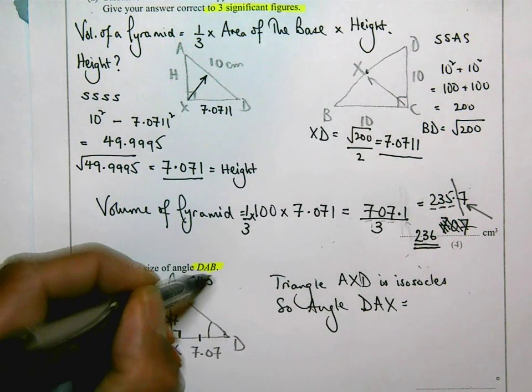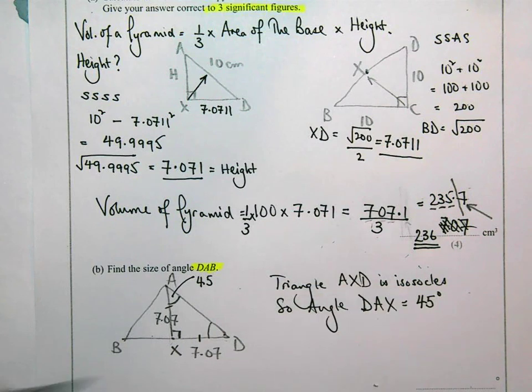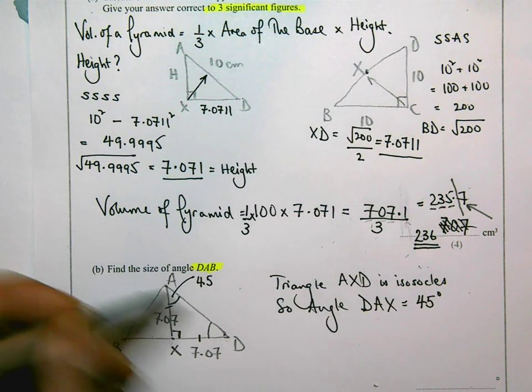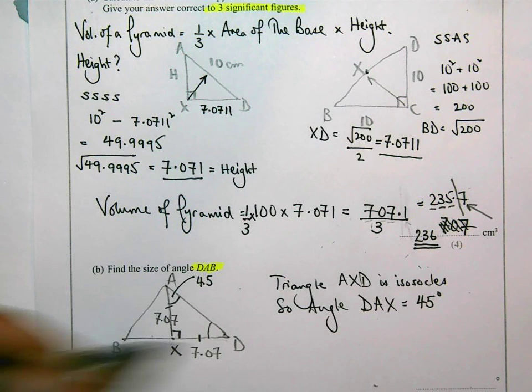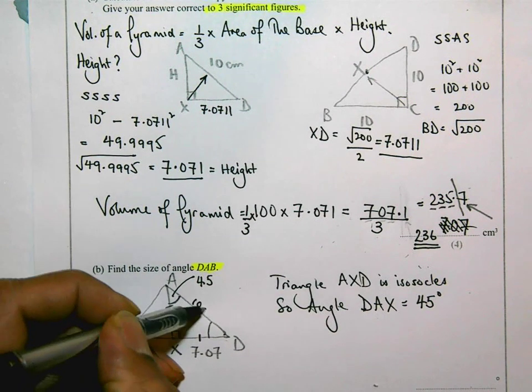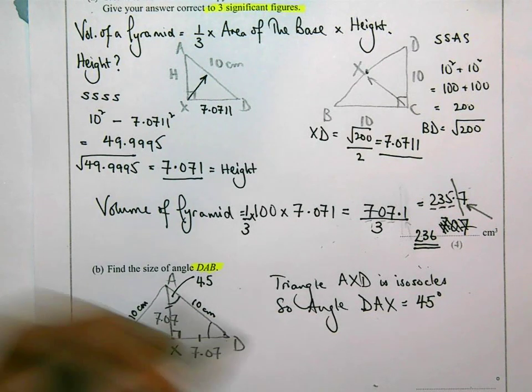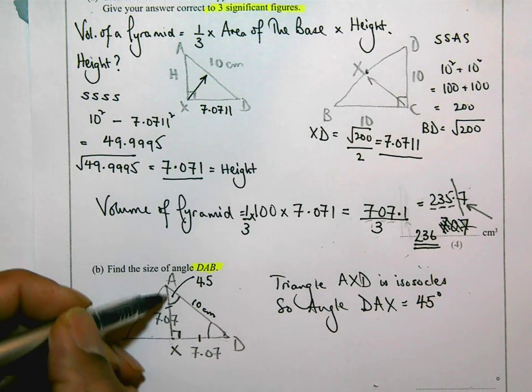This larger triangle, ABD, that's an isosceles triangle as well, because this side here is 10 centimeters, and so is this side here, that's 10 centimeters. And it's an isosceles triangle, so that means that it's symmetrical when I draw that line down. So this angle here is also 45 degrees.